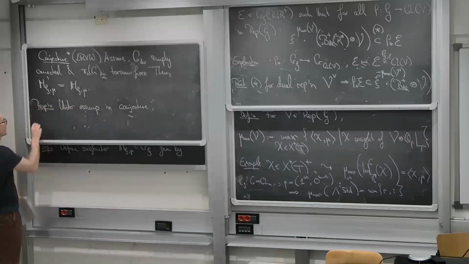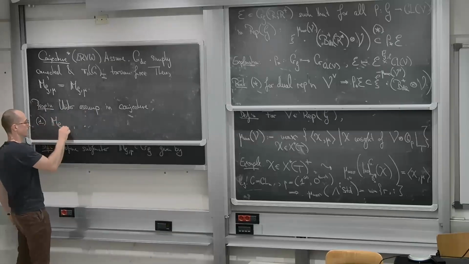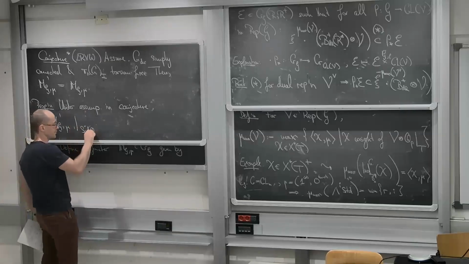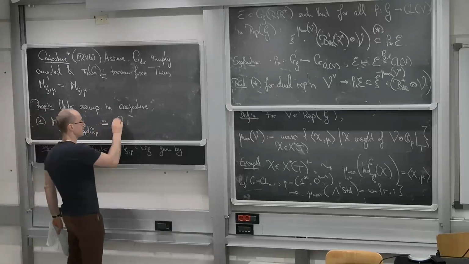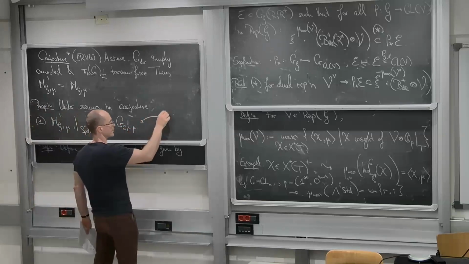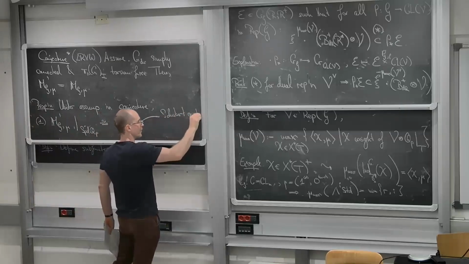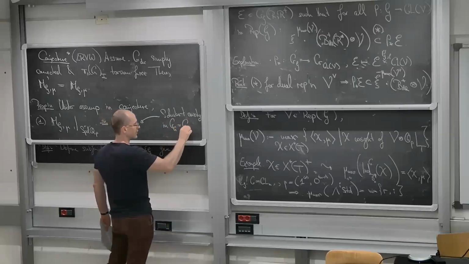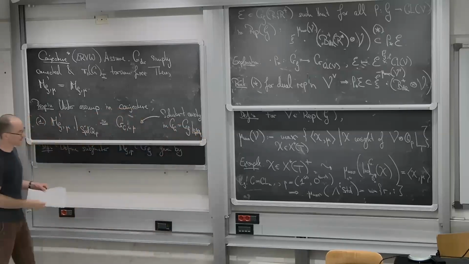First, the generic fiber of this object is the correct generic fiber in the sense that this is the Schubert variety in the generic fiber of the affine Grassmannian.